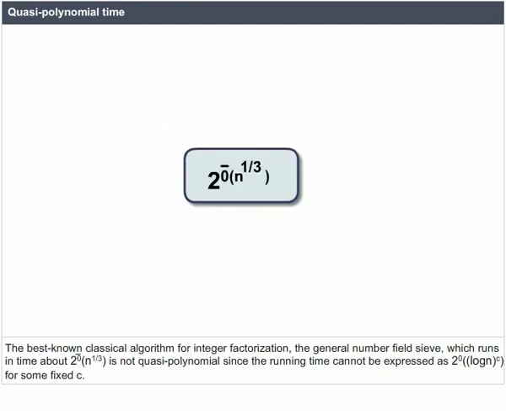The best known classical algorithm for integer factorization, the general number field sieve, which runs in time about 2 to the power of O(n^(1/3)), is not quasi-polynomial since the running time cannot be expressed as 2 to the power of O((log n)^c) for some fixed c.